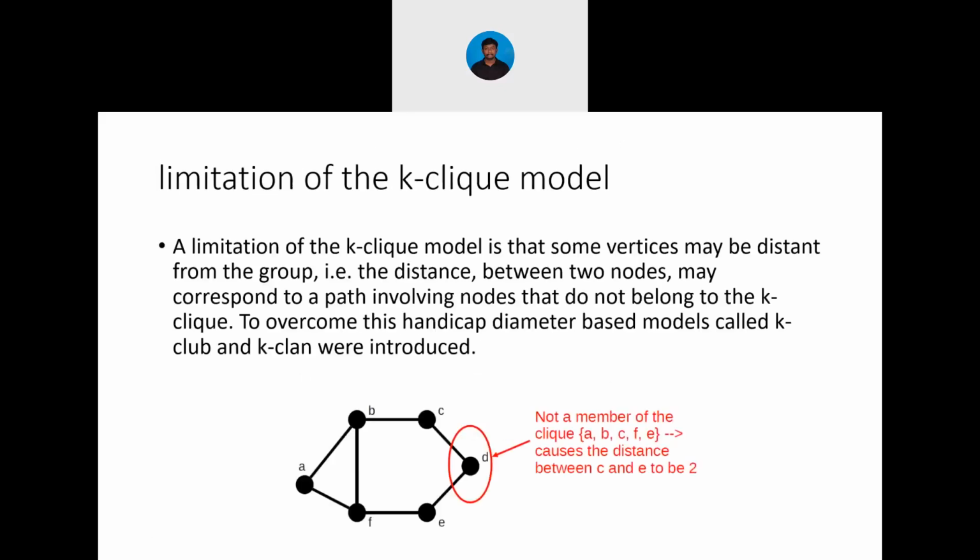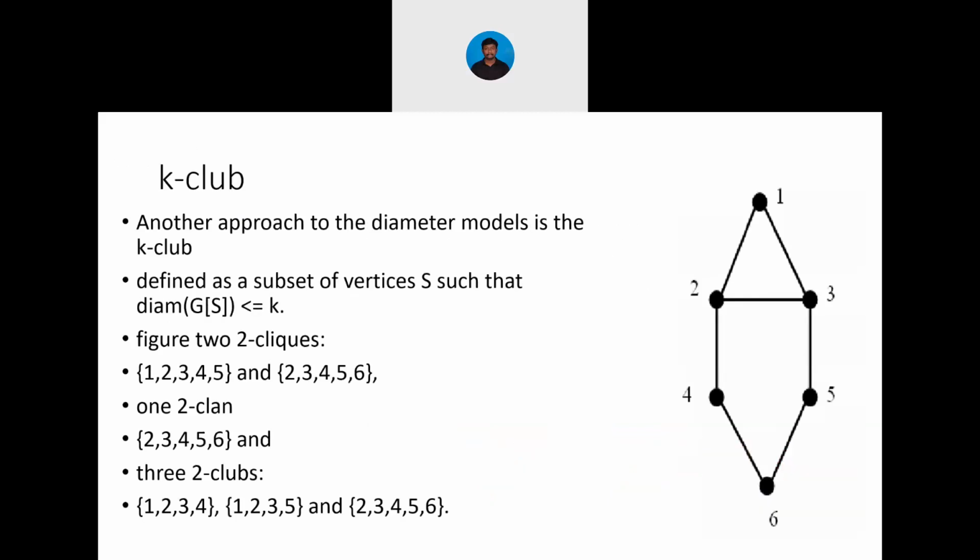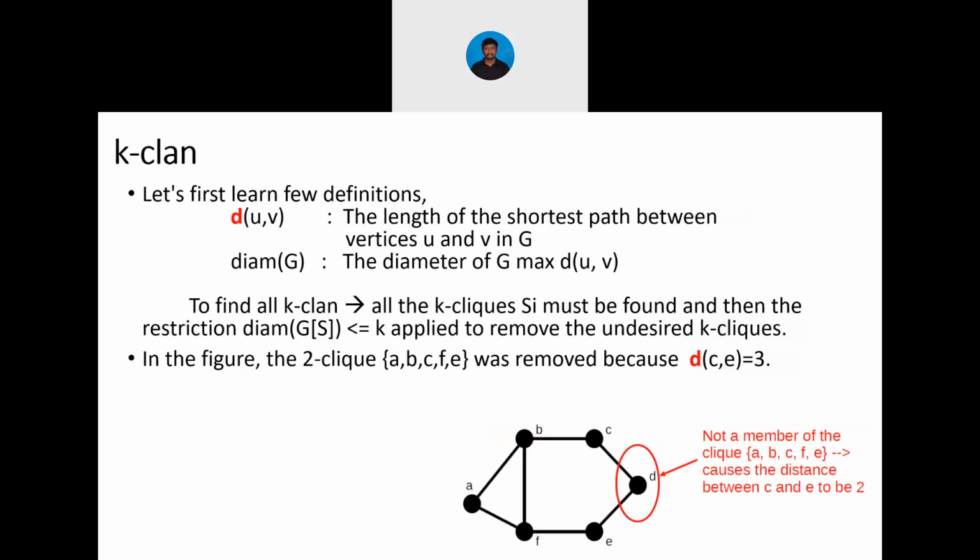It has its own limitation, this clique. And hence I am going for the clan. What is the clan? The subgraph derived with the help of distance is a clan.